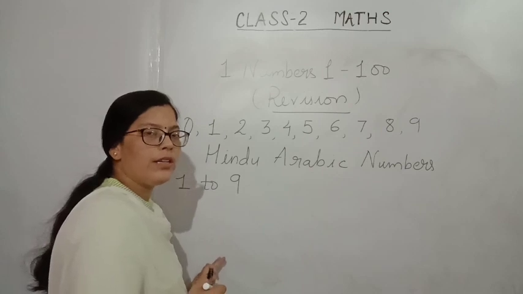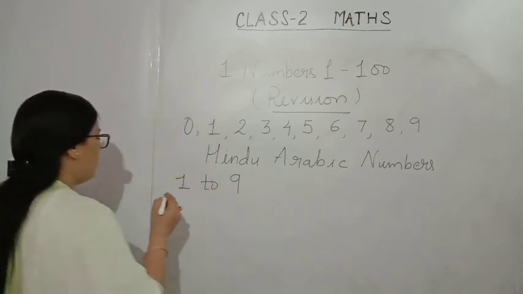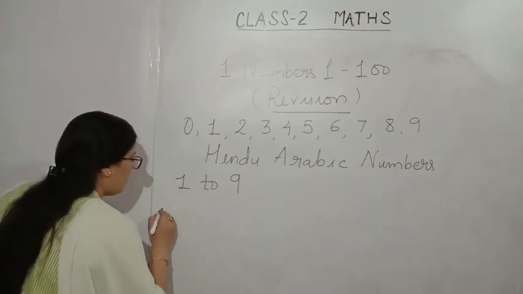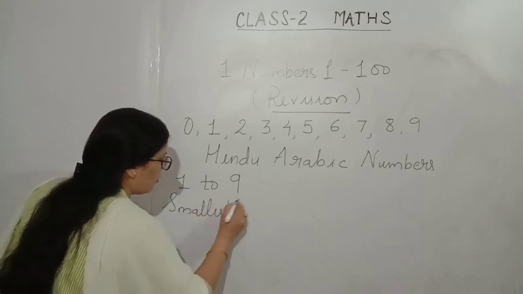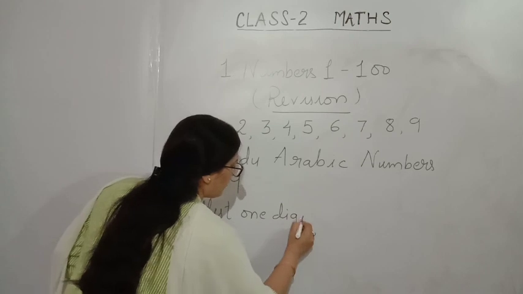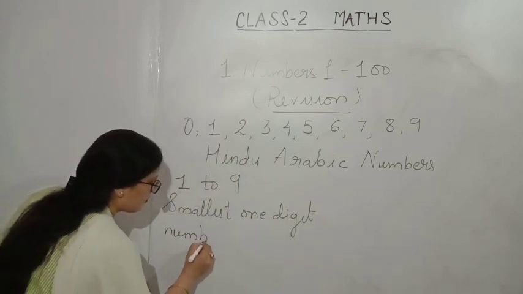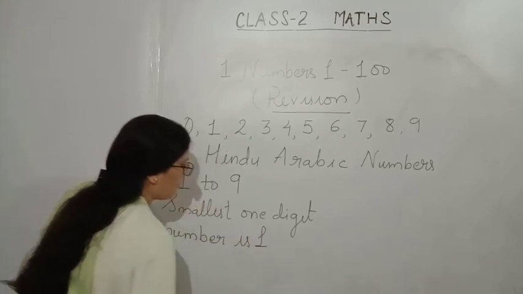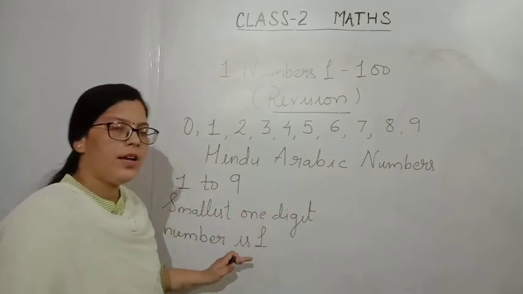The very first number, 1, is the smallest one digit number.